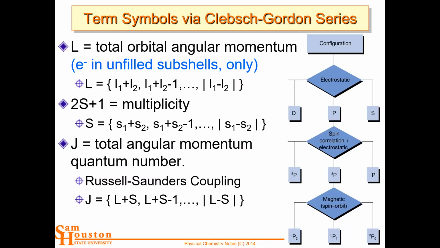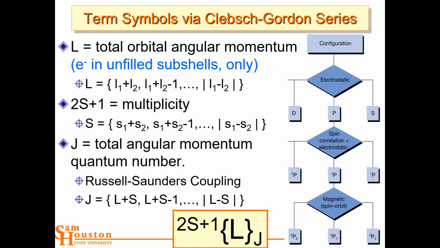And this, once you have capital L and once you have capital S, so the total angular momentum and the total spin, then you combine those. So this is how the spin interacts with the orbitals, and these are called spin-orbit coupling numbers. And so it's L plus S is the maximum value, the absolute value of L minus S is the minimum value, and then it's integers in between, or subtract 1 from max till you get to the min.